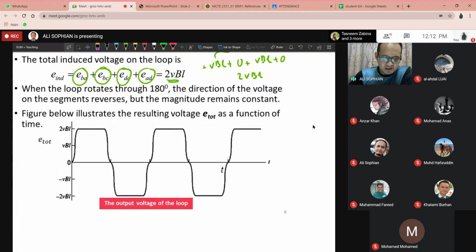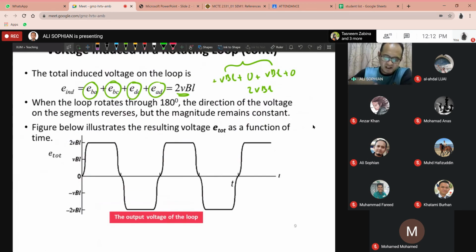Right. So as the rotor keeps rotating, what will you get then? What you will get is this. This will be the induced voltage around the loop. If you simplify this, it will keep changing from 2 VBL to 0, and then it goes to negative.